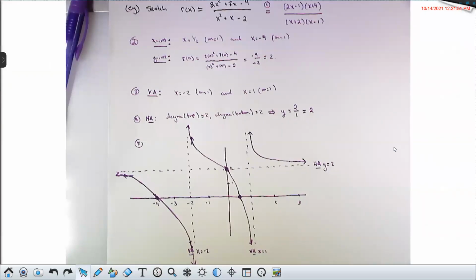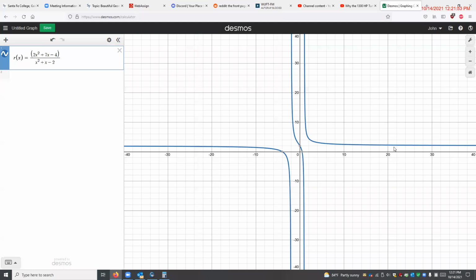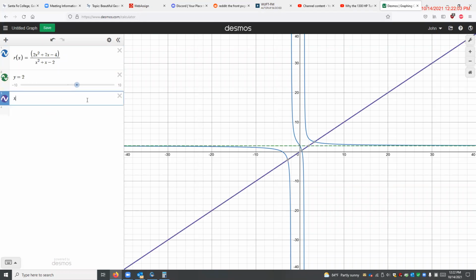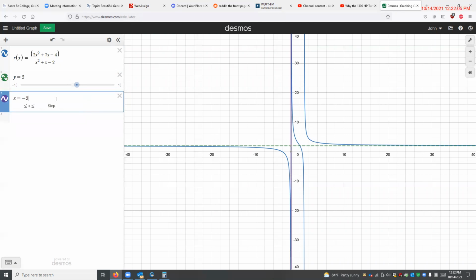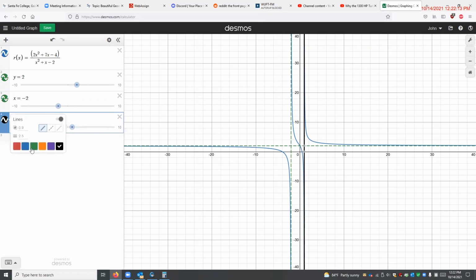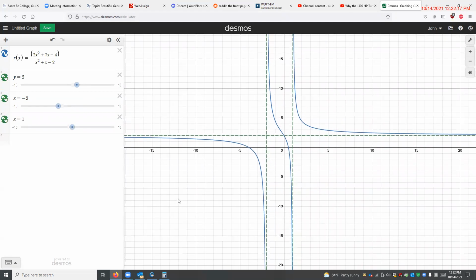So compared to this, not bad, right? I can draw in my asymptotes. And yeah, looks just like my graph, right?